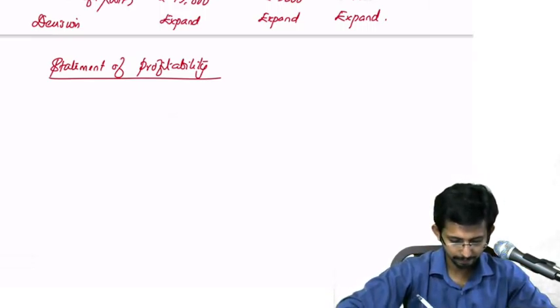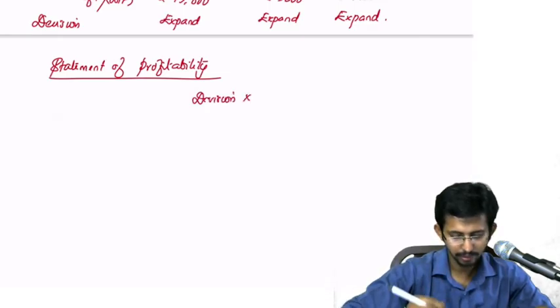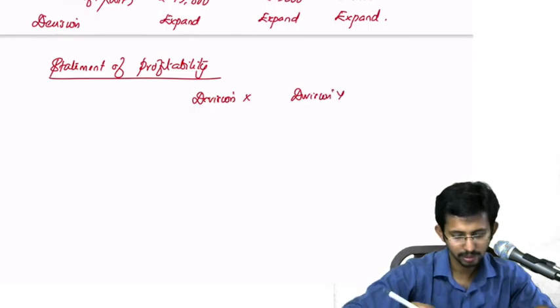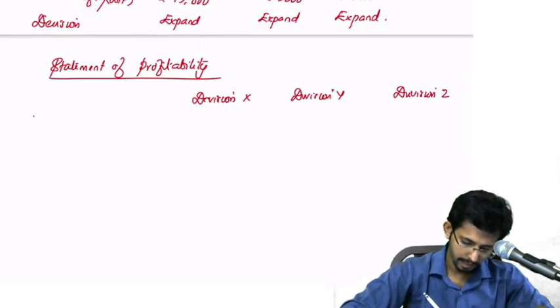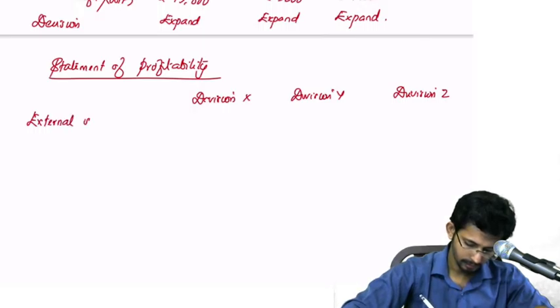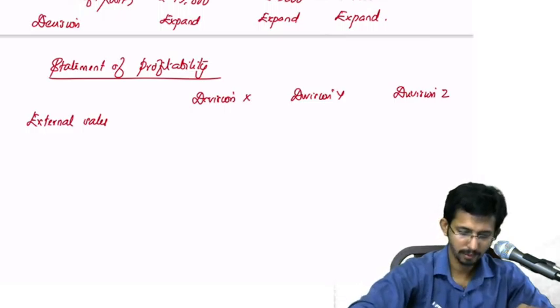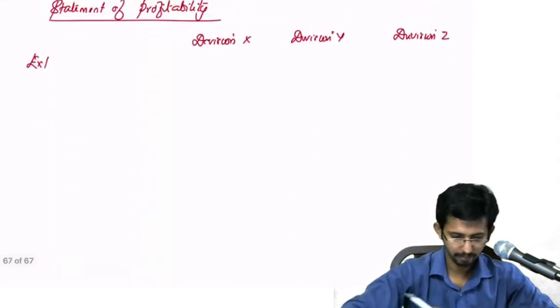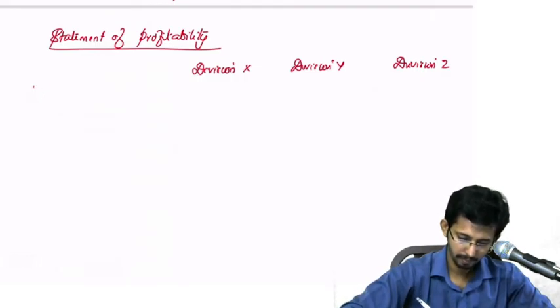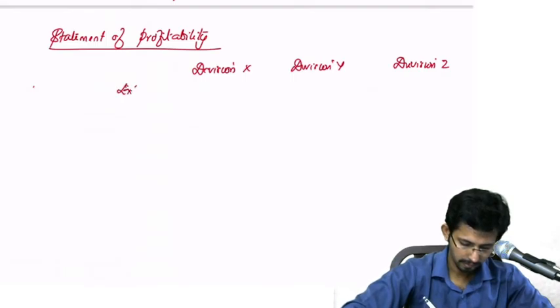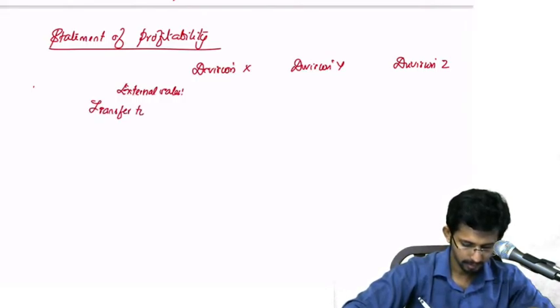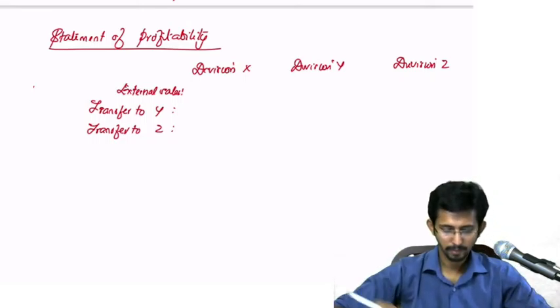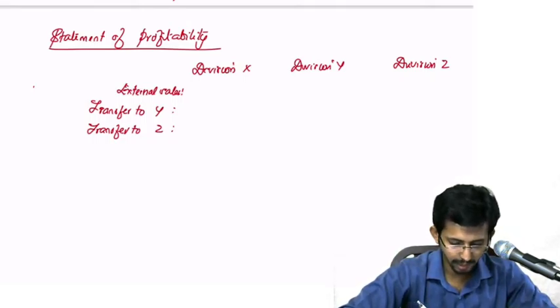Okay, you have to write division X, division Y, division Z. Okay, strategy: external sales, or we will make it as division X external sales, transfer to Y, transfer to Z. Okay, then here what should be the strategy?